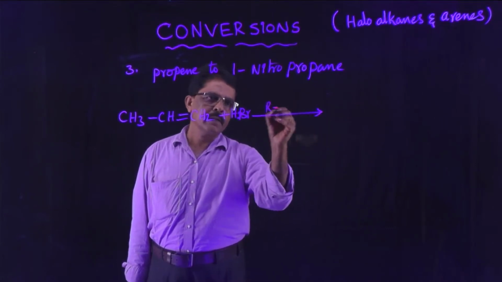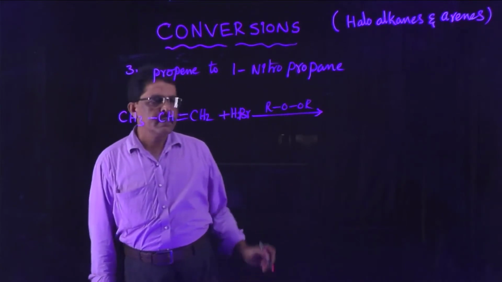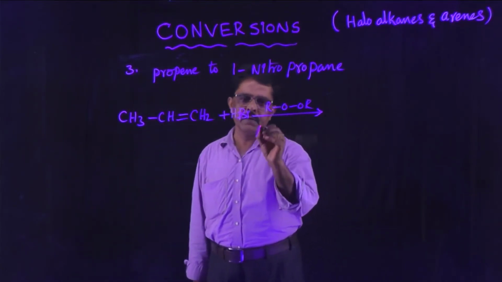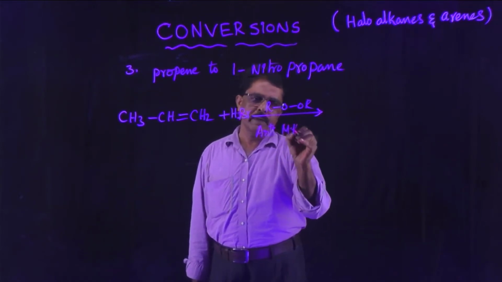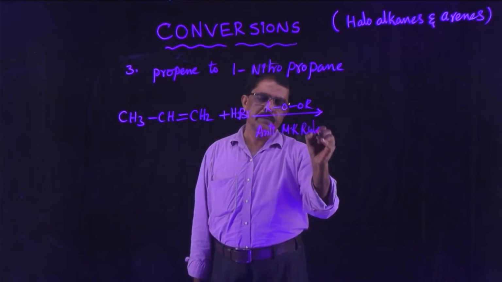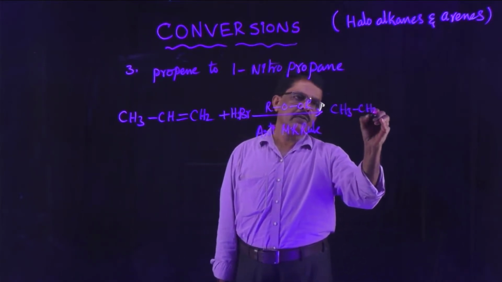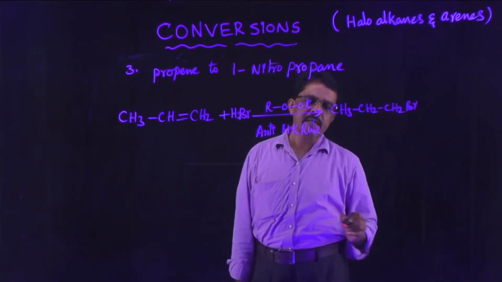The peroxide effect follows the anti-Markovnikov rule. Then we will get CH3CH2CH2Br as the major product.